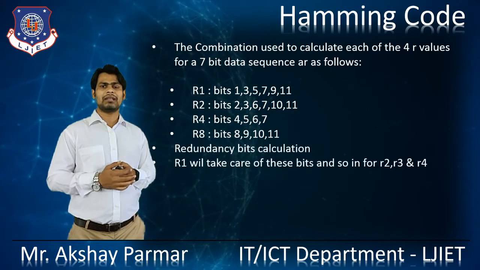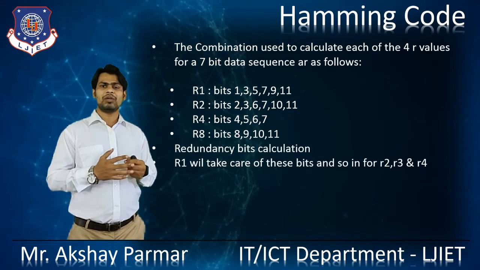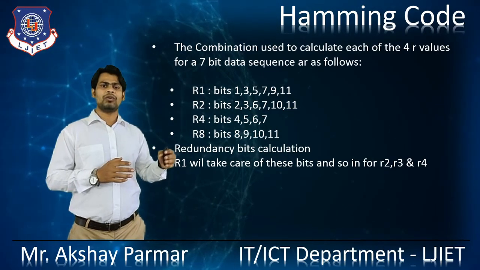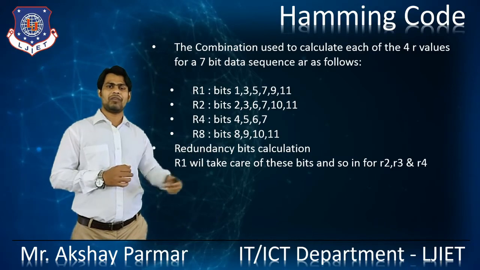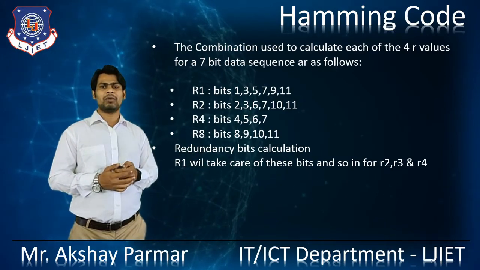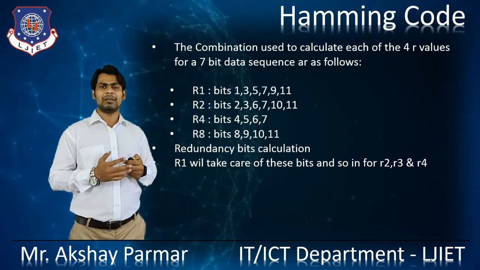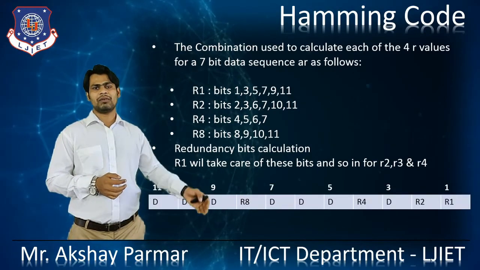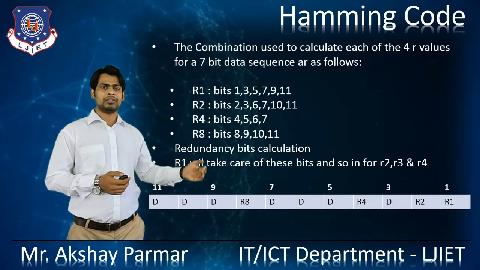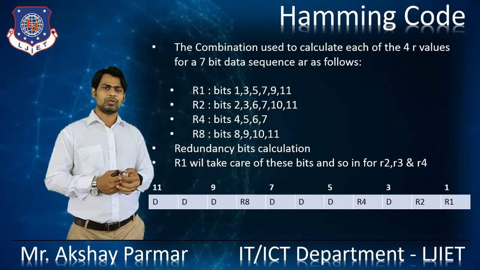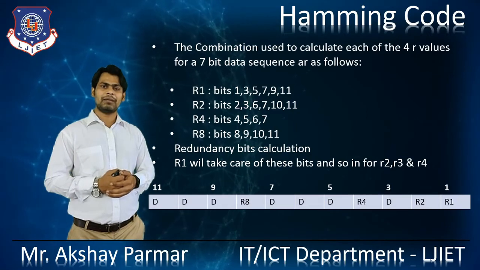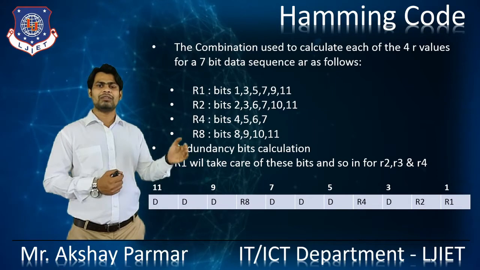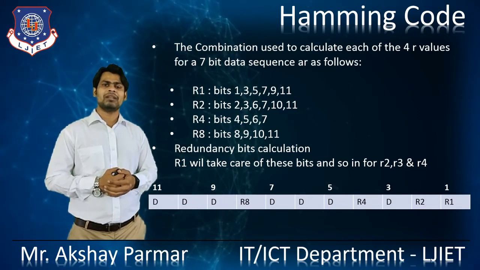So that's how we select the value. The redundancy bit calculation: R1 takes care of these bits, and so on for R2, R4 and R8, right? This is the sequence: R1 at the first position, R2 at the second position, at the third position we put a data bit, at the fourth position we put the redundant bit R4, and at positions 5, 6, 7 we put data bits.